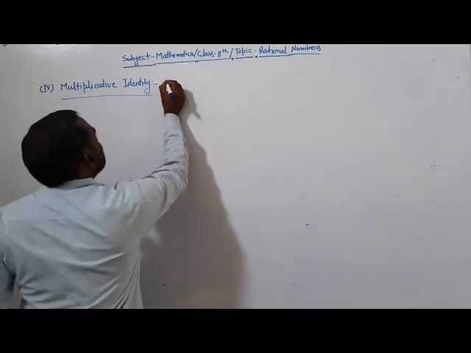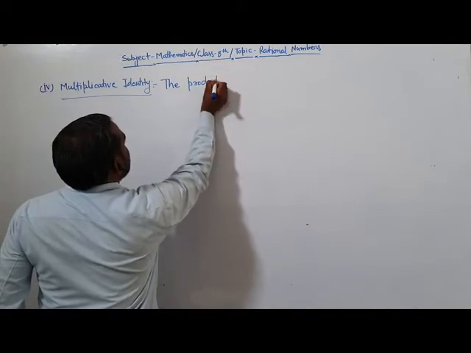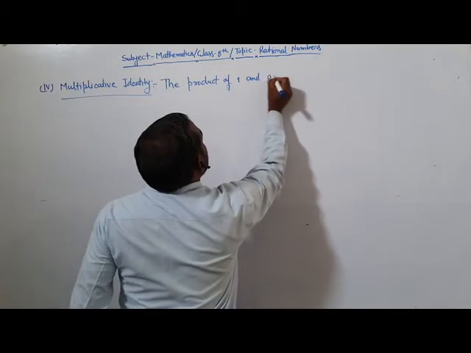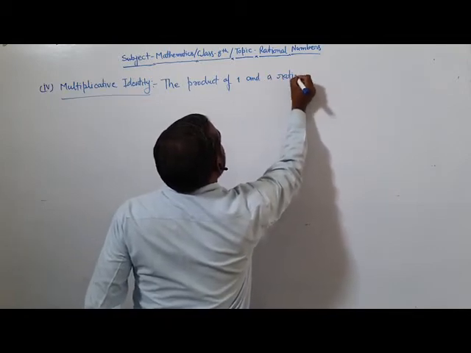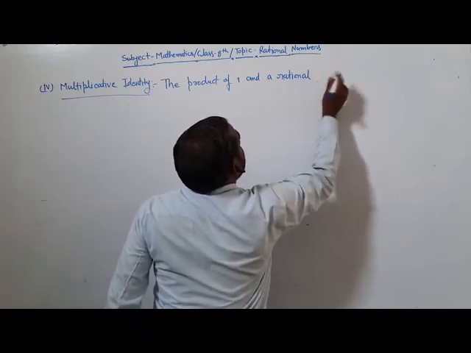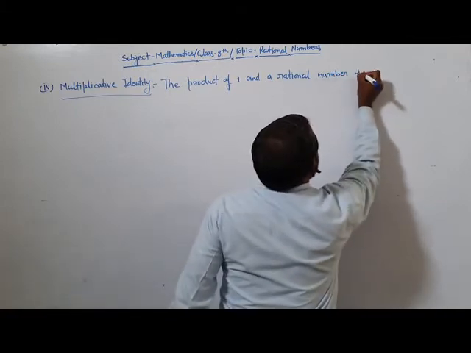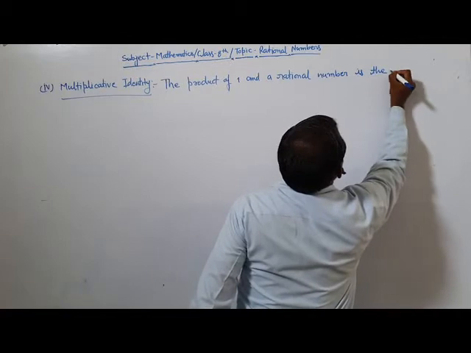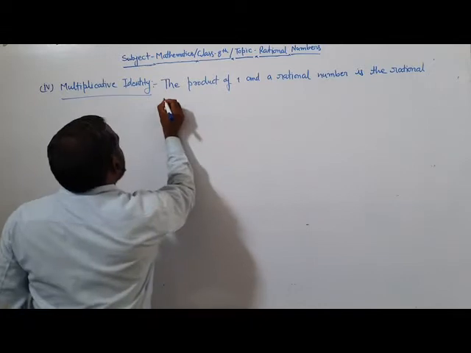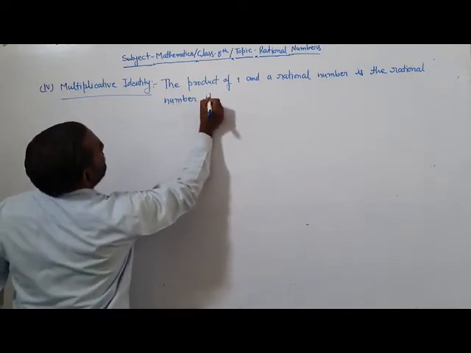The product of one and a rational number is the rational number itself.